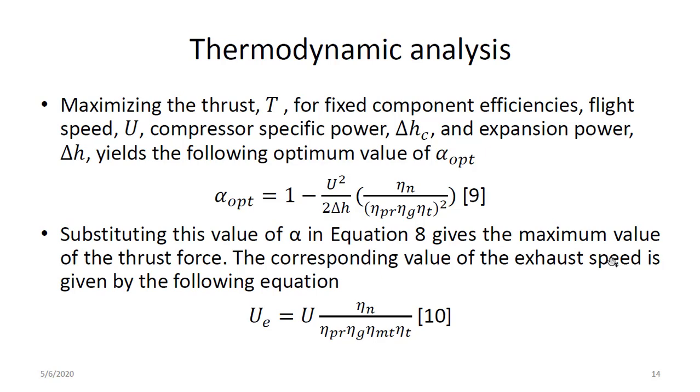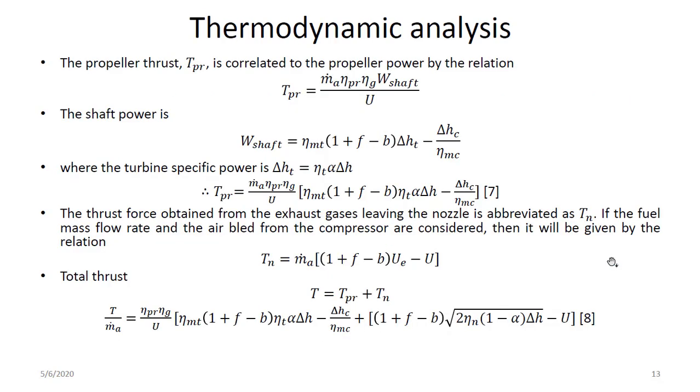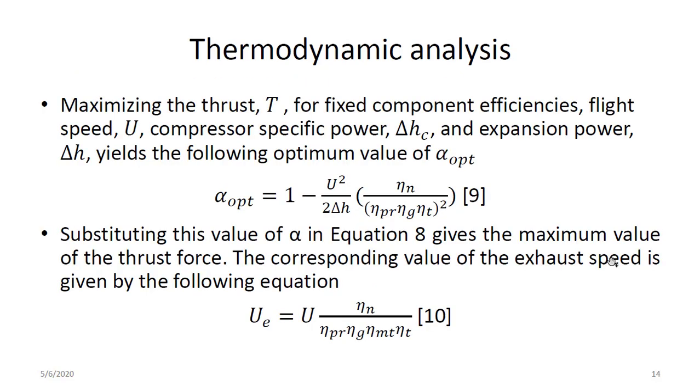It's a ratio from this equation for the specific thrust. So if you optimize the specific thrust for constant component efficiencies, you can get the optimum value of that ratio, which is given by equation 9.